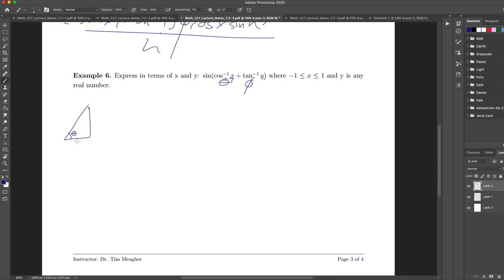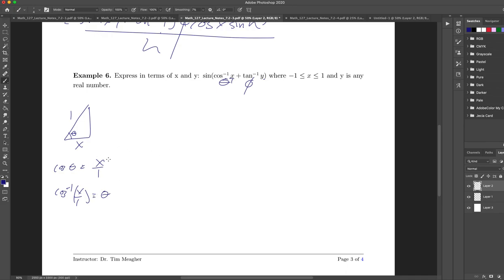So here my adjacent would be x, my hypotenuse would be 1. And how do I get that? Because cosine of theta equals x over 1 is the same thing as saying the inverse cosine of x over 1 is equal to theta.